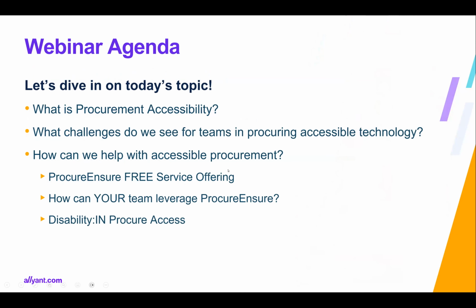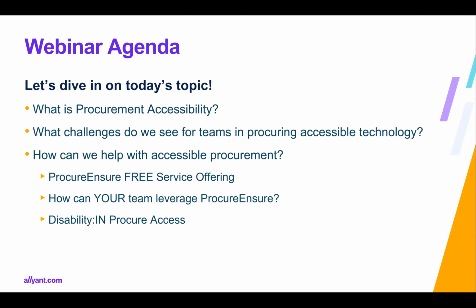As it relates to today's webinar agenda, we're going to run through a background on what in the world procurement accessibility is, and more specifically, on the leading edge of the webinar, what challenges teams face when they try to bridge the gap between accessibility teams, accessible technology, and procurement teams. We'll run through some of the things that we have seen in this space.